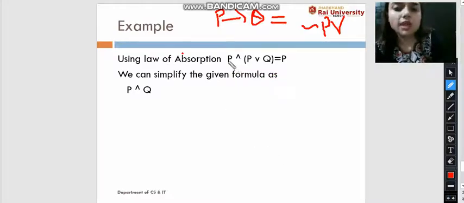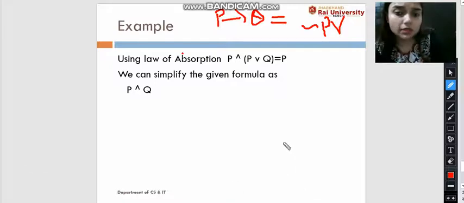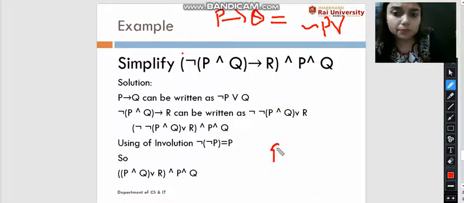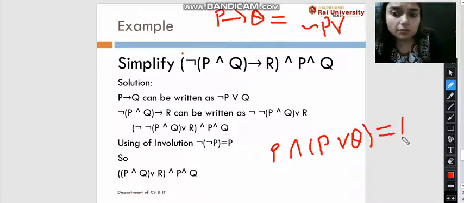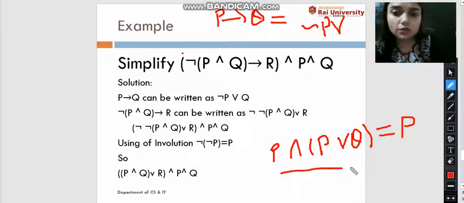The law of absorption says that P and (P or Q) is always P. So here we can apply this formula.